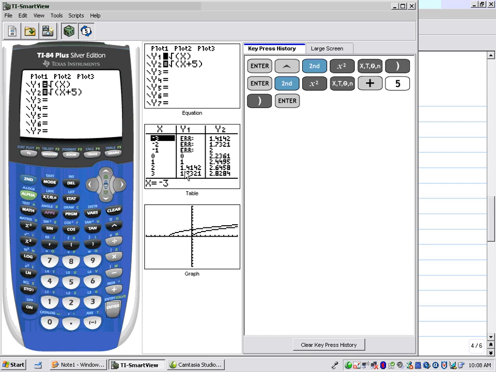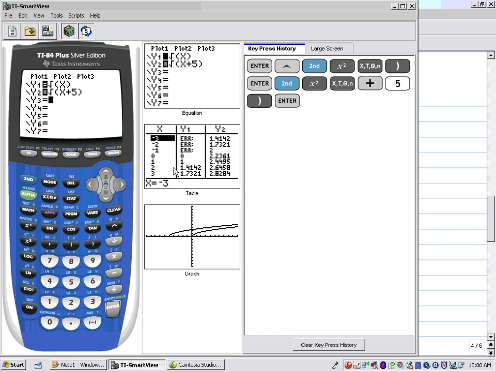But notice that the y values are still the same, aren't they? So we're not really affecting the y values in this case. What's happening is the x value that produces that y value. So for instance, the x value of 2 made a y value of 1.414.